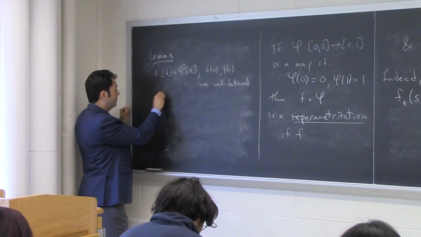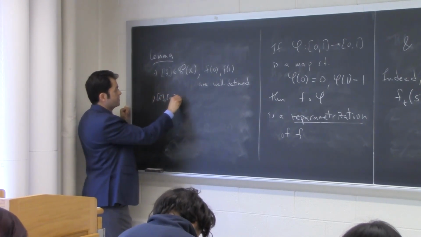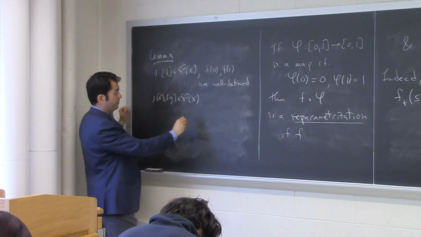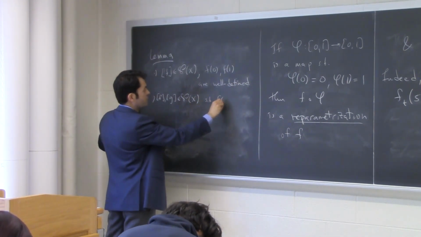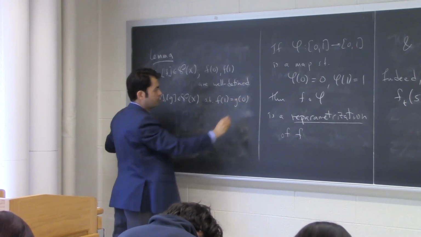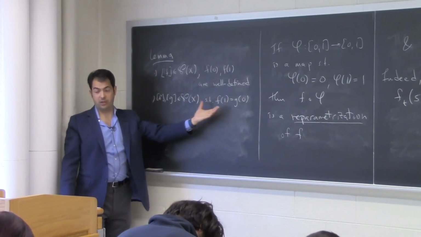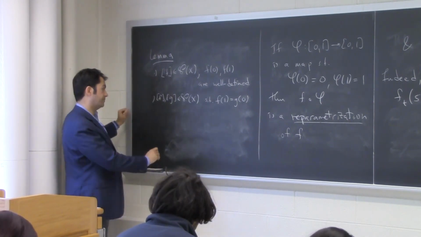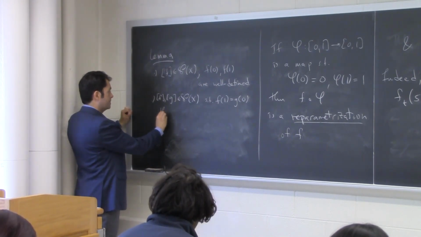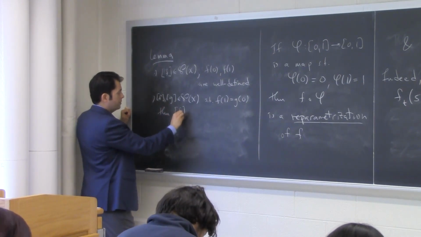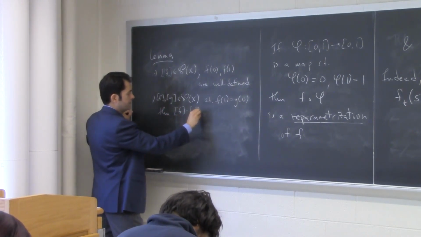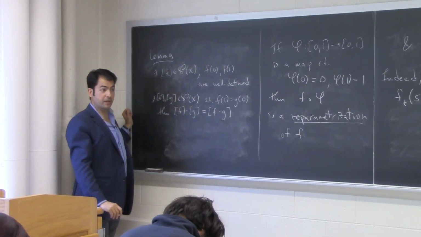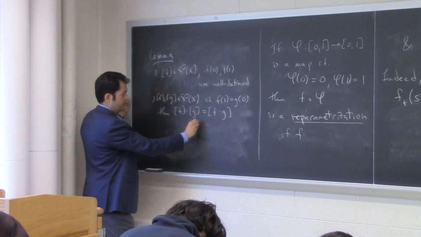Now let's say you have two homotopy classes of paths such that f(1) is equal to g(0). It makes sense to ask this because by the first one, we know the endpoints are well defined. Then we can concatenate by concatenating representatives, and that's also well defined.